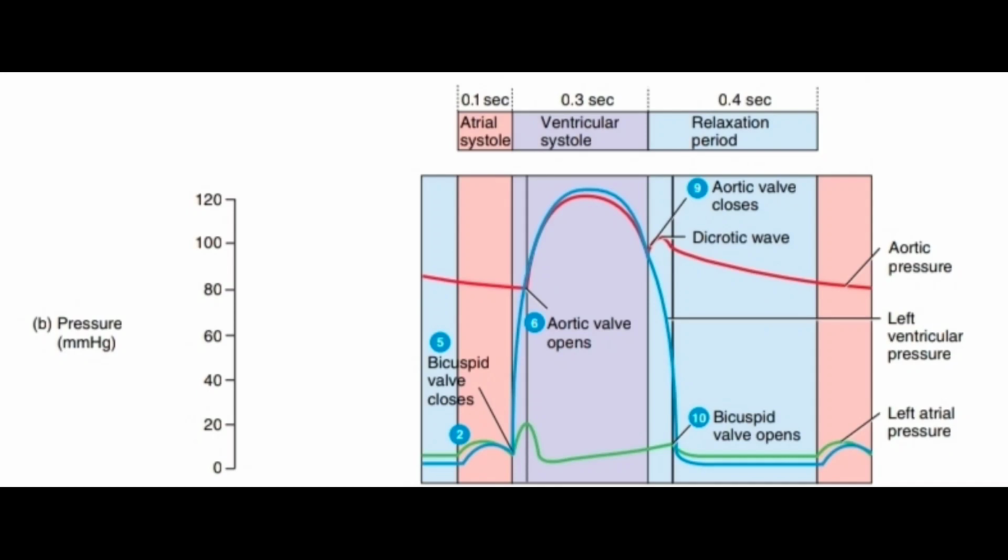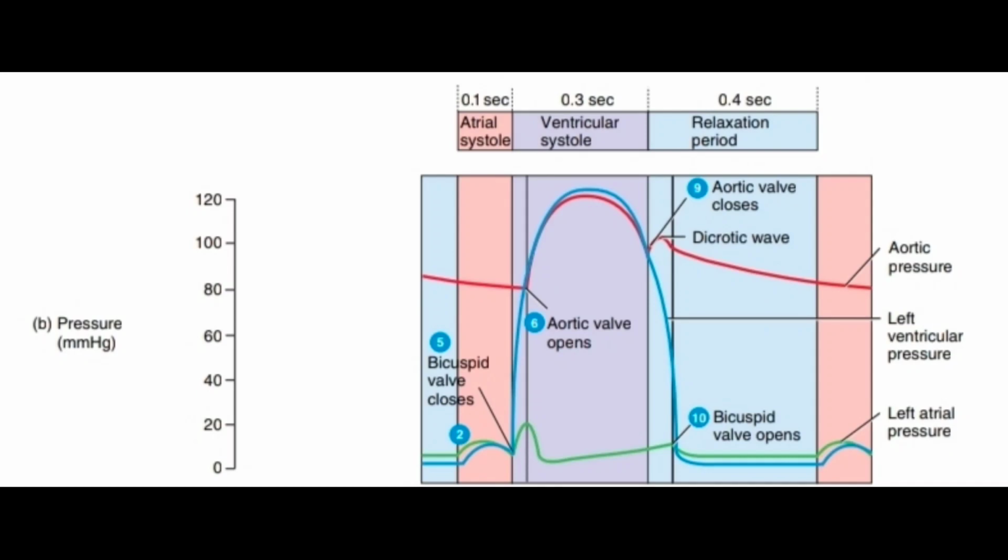That is, when the ventricular pressure crosses the pressure of the atria, it leads to the closure of the atrioventricular valves. And when the pressure passes 80 mmHg, the pressure of the aortic valve, that is, as the ventricular pressure reaches 80 mmHg, the aortic valves open.